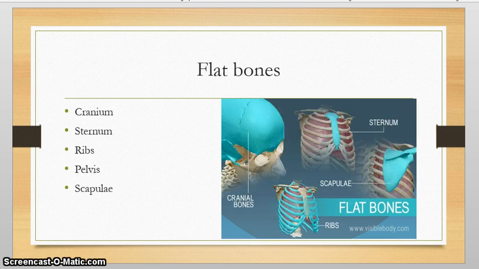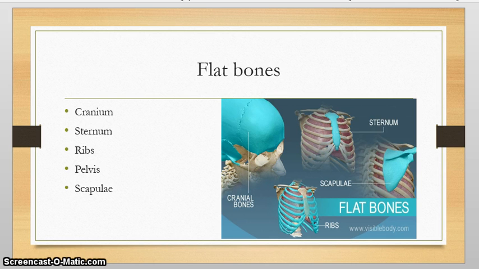Flat bones. There are flat bones in the cranium: occipital, parietal, frontal, nasal, lacrimal and vomer. The thoracic cage, which is the sternum and ribs, and the pelvis, which is the ilium, ischium and the pubis.